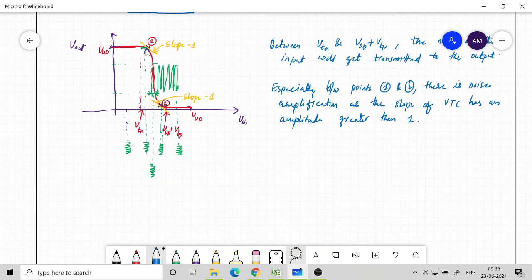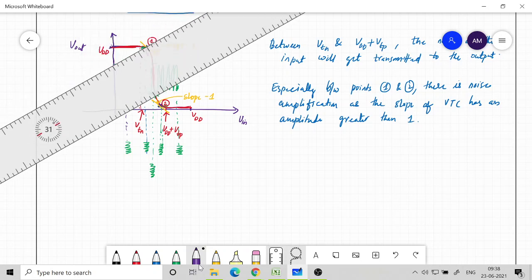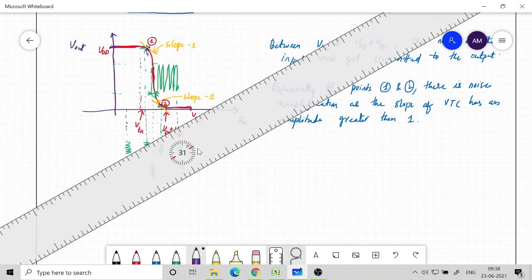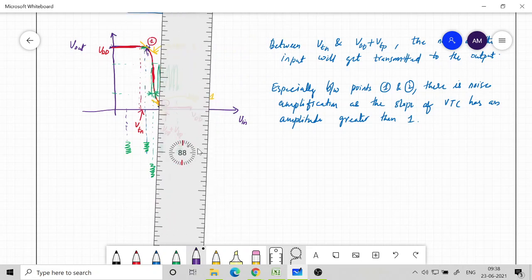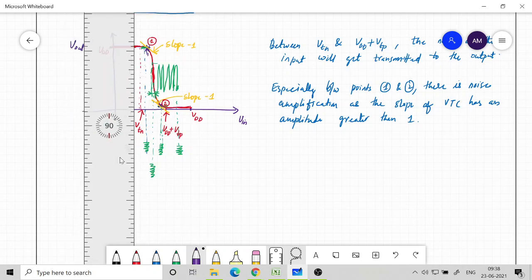So we need to operate the device either before 0.1 or beyond 0.2. We will define those voltages at the input and output corresponding to 0.1 and 0.2 as follows.